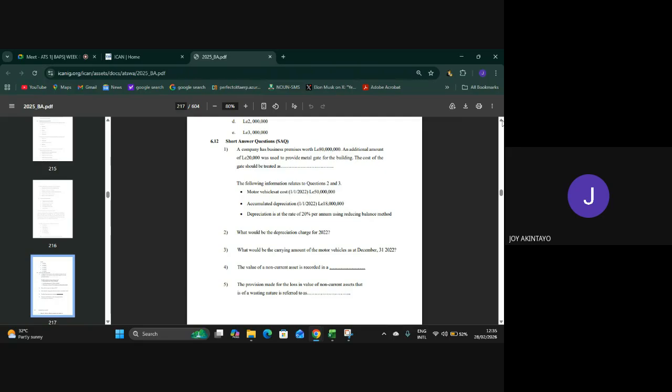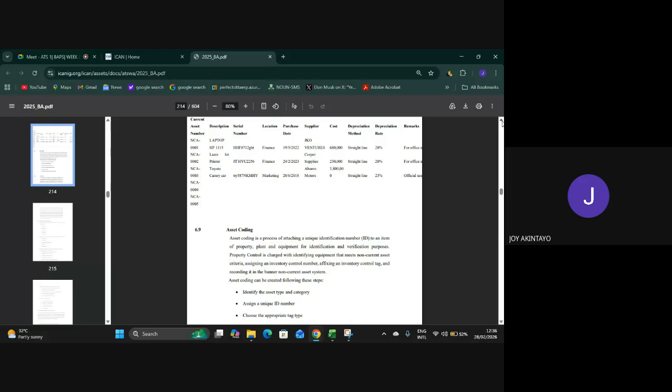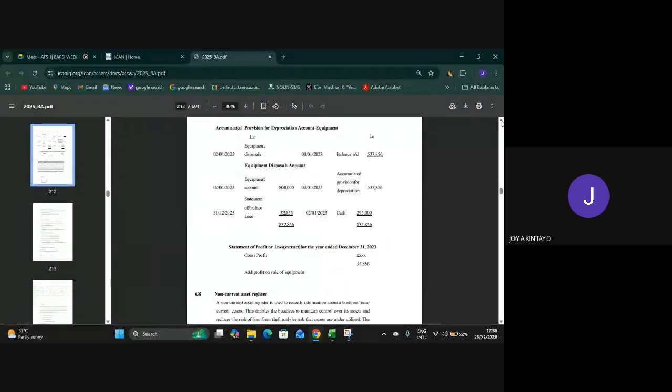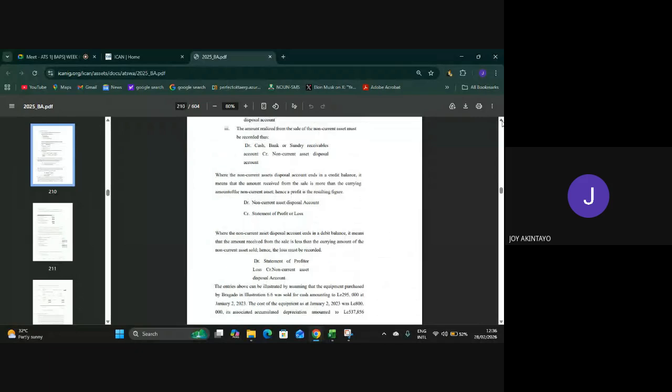So that's about that. Now the provision made for the loss in value of non-current assets that are of a wasting nature is referred to as, for wasting assets, depletion.